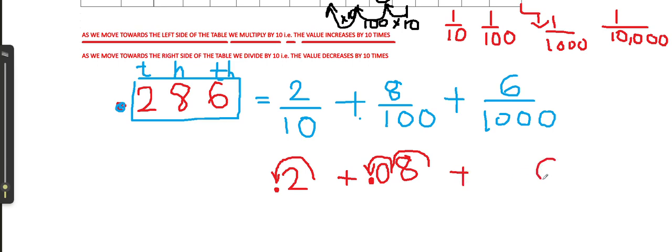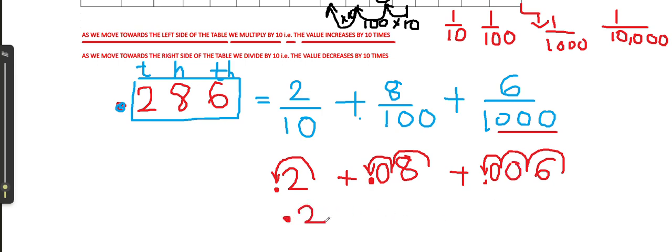Plus, we write a 6 again. There are 3 zeros, so the bunny is going to hop by 3 places. 1, 2, 3. And thereby I land over here. I'm going to fill up the blank spaces with zeros.